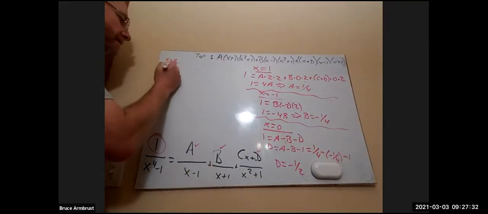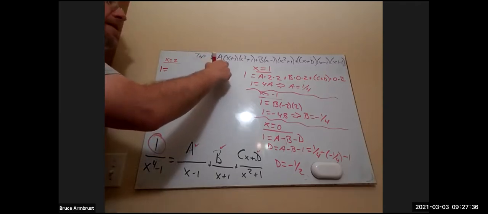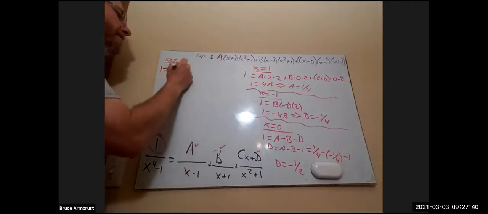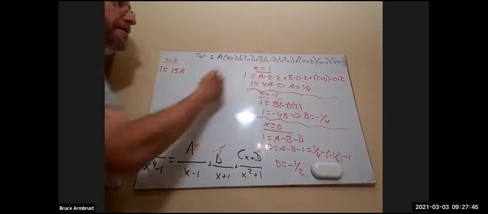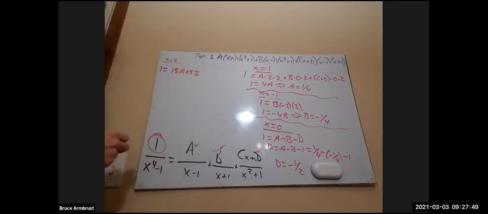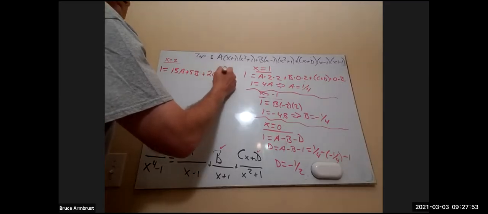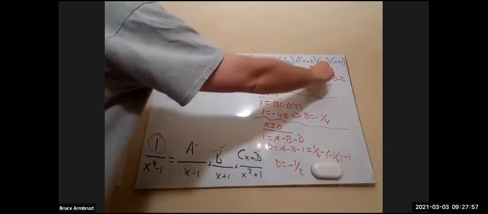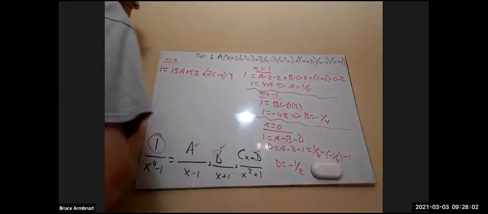So we're going to get 1 equals, plugging in 2, 3 times 5 times A, so 15A. I'm going to get 1 times 5 times B, so 5B. And I'm going to get 2C plus D, times 1 times 3, so times 3.